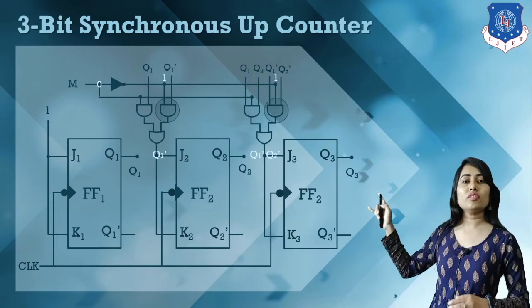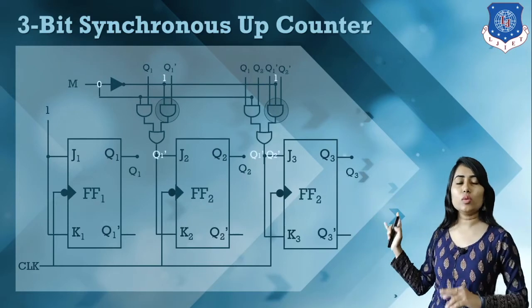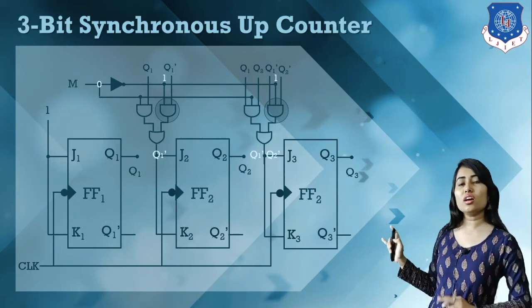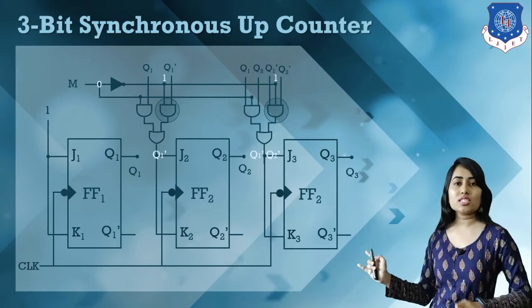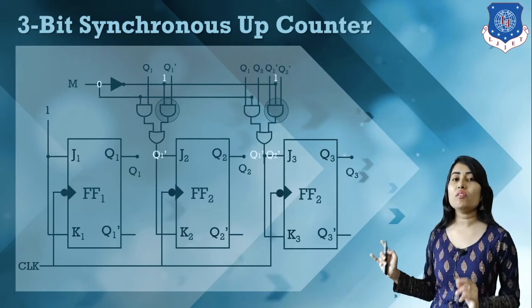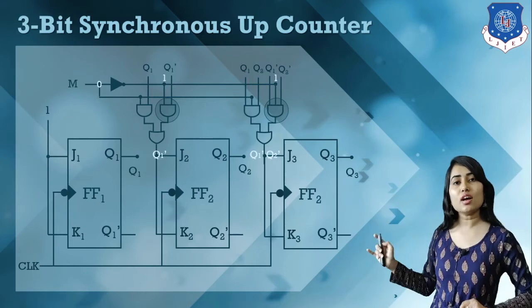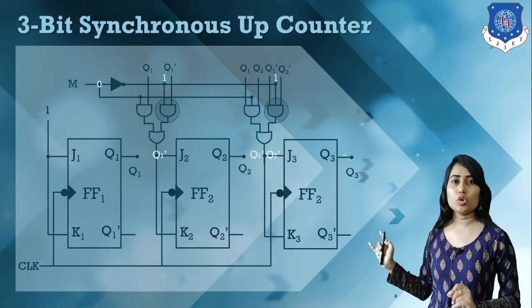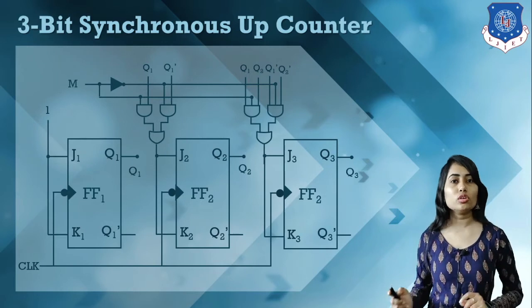So the 2 AND gates will be activated, and here we have Q1 dash and Q1 dash into Q2 dash, and because of these input combinations we have a down counter. So this circuit will work as a synchronous down counter with these combinations. This is how we can design a synchronous up and down counter.